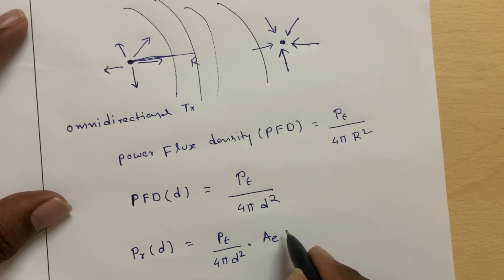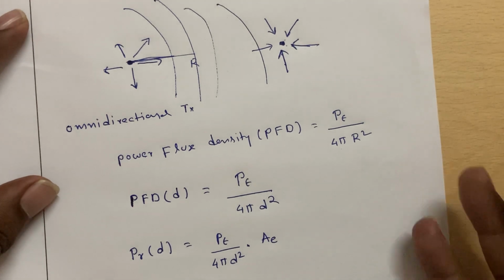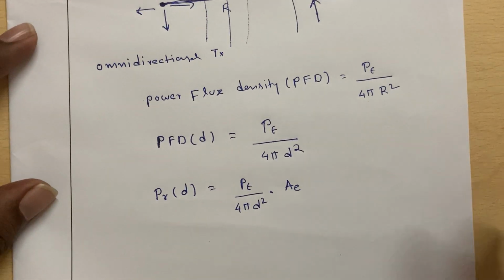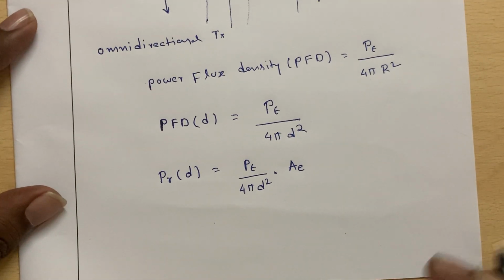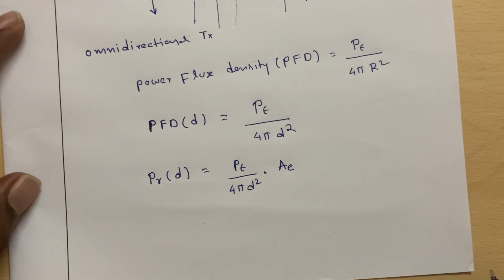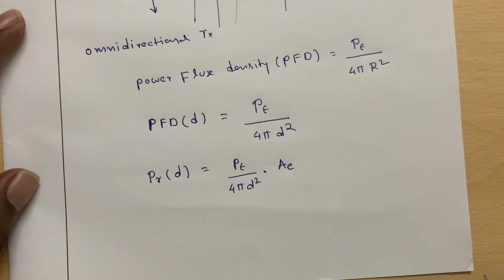Not the whole antenna can collect the power flux density, only a certain portion of the antenna can receive the power.